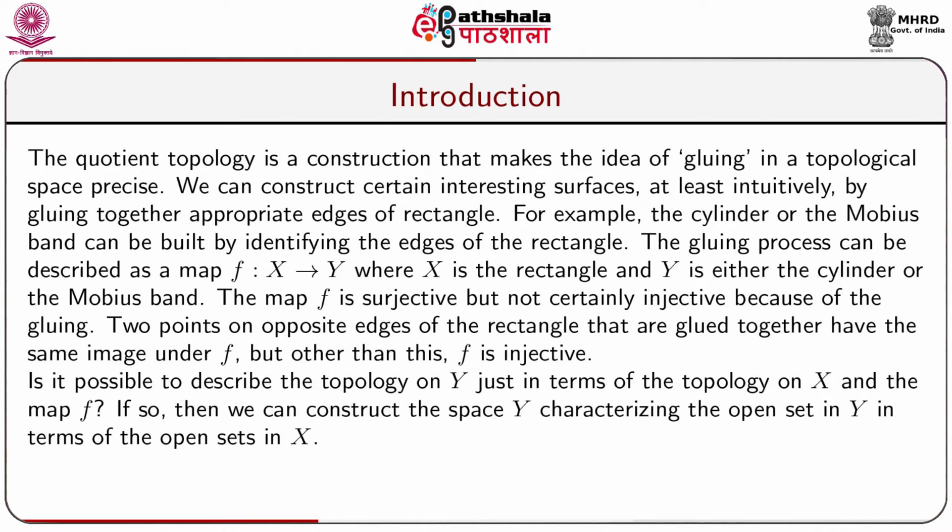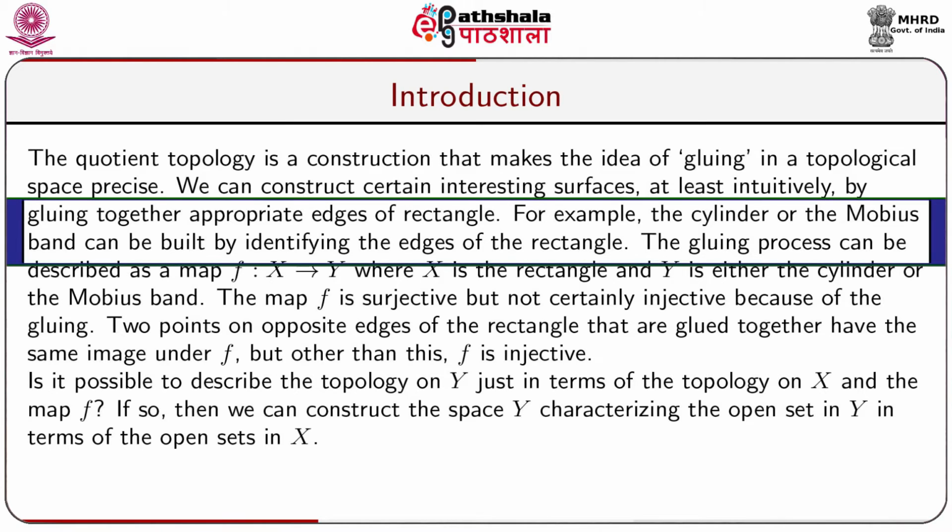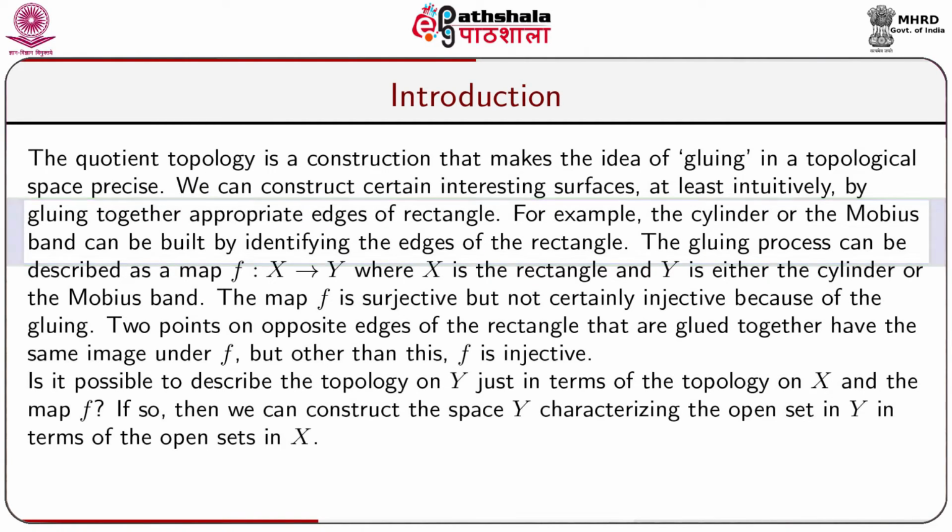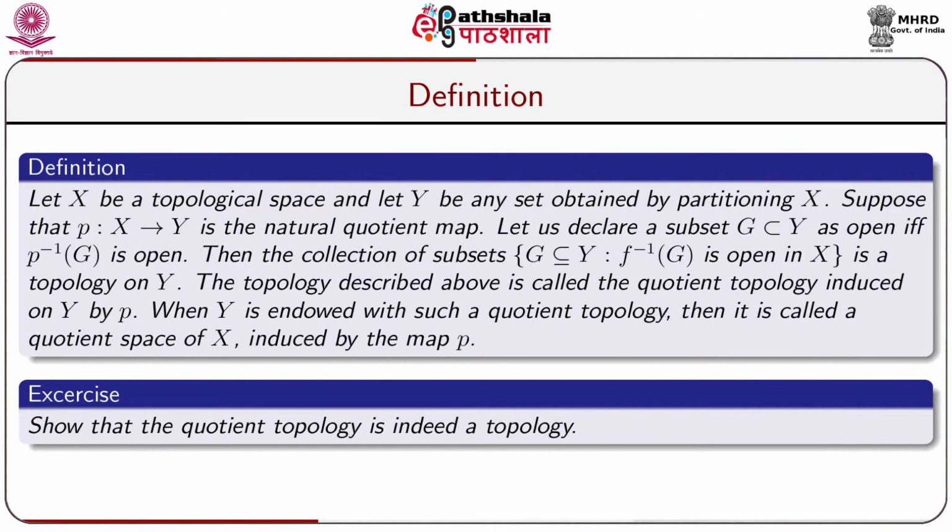I have told that a cylinder or Mobius strip can be formed from a rectangular piece of paper by identifying the left side and right side either in an orientation preserving way or orientation reversing way. Now, I have to give the formal definition of quotient space or identification space.